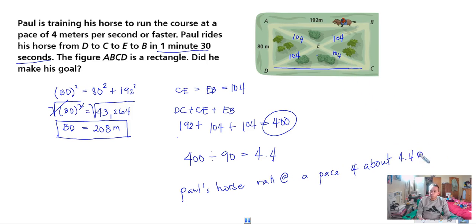They use meters, so 4.4 meters per second. And yes, he made his goal. He made his goal. There you go, guys. That is one of the examples that we have for rectangle.